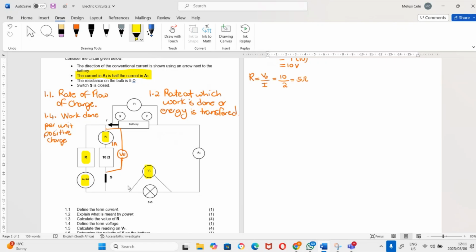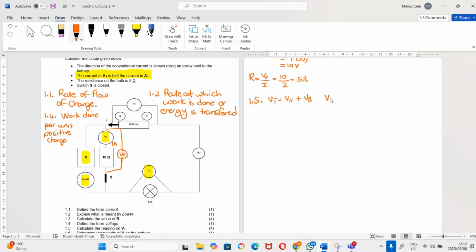So if we can find the voltage on V1, because we have already found the voltage for the parallel section and we just add them, that would be VT. So in other words, VT is equal to V parallel plus V bulb, which is V1.